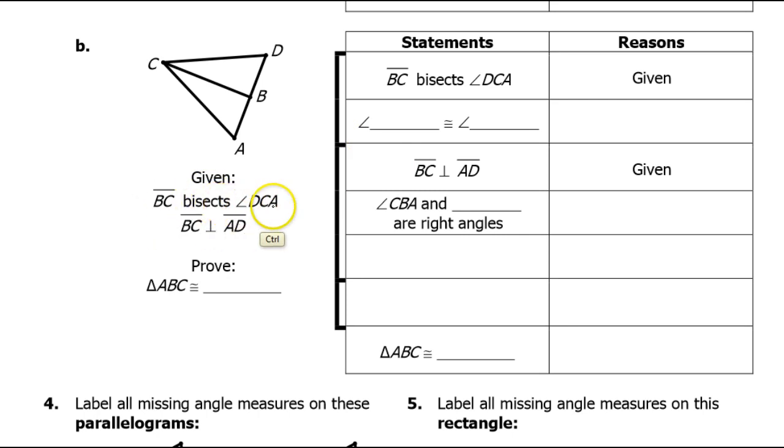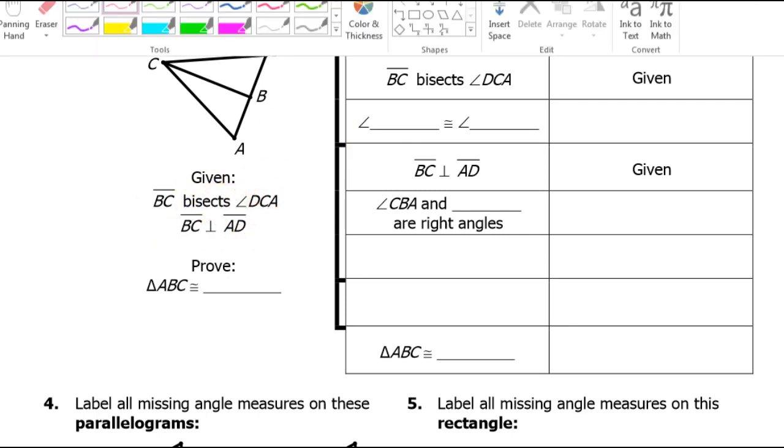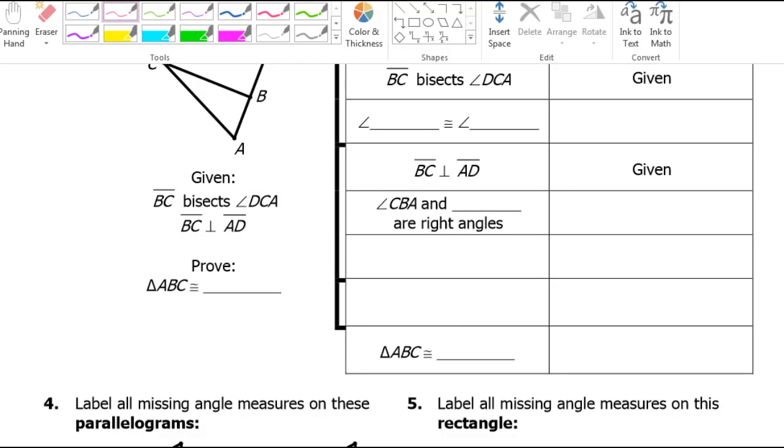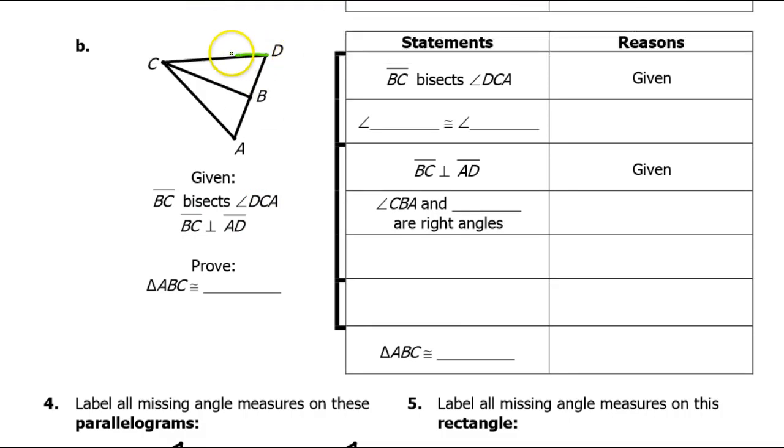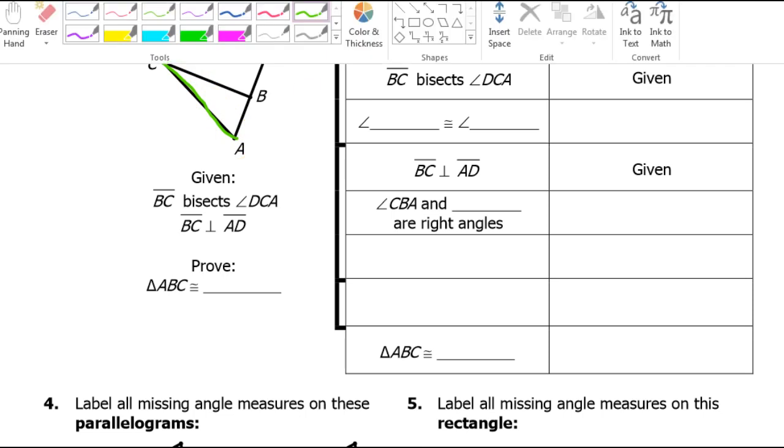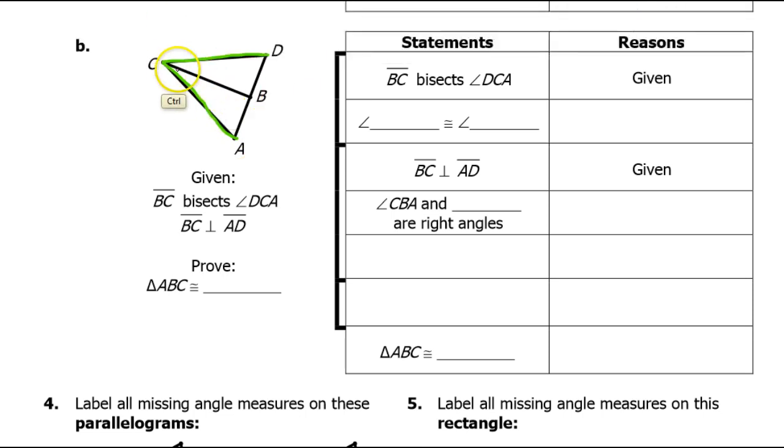BC bisects DCA. So we talked about this a minute ago. But look, here's DCA, and along comes BC, being a bisector and whatnot. Always got to be a bisector about it. But being a bisector means you're cutting something in half.